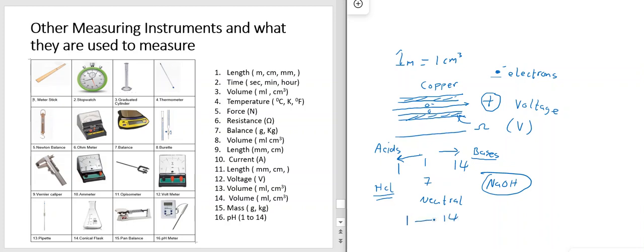Then you can decide whether it is an acid, a base, or neutral. Something that has a pH of 7 is neutral, not an acid or a base. For example, pure water, H2O, with nothing in it, would be neutral. So we use a pH meter to measure pH.